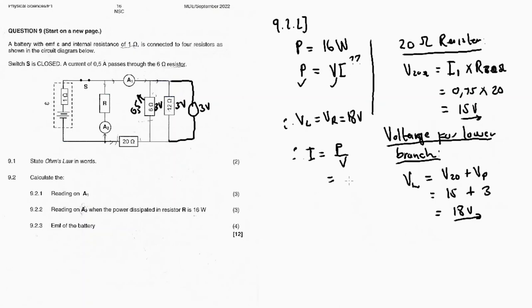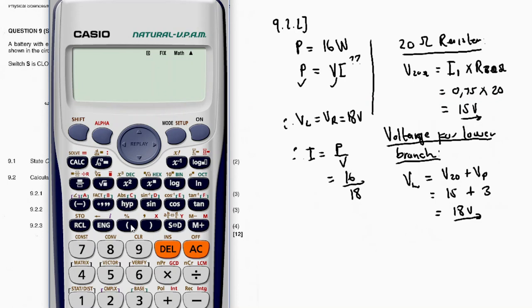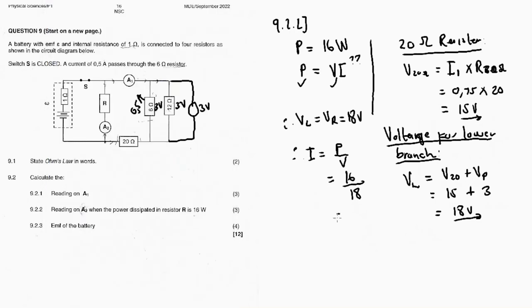So 16 divided by 18 is equal to 0.8888, which is 0.89 amperes. So this current flowing through R is current A2.